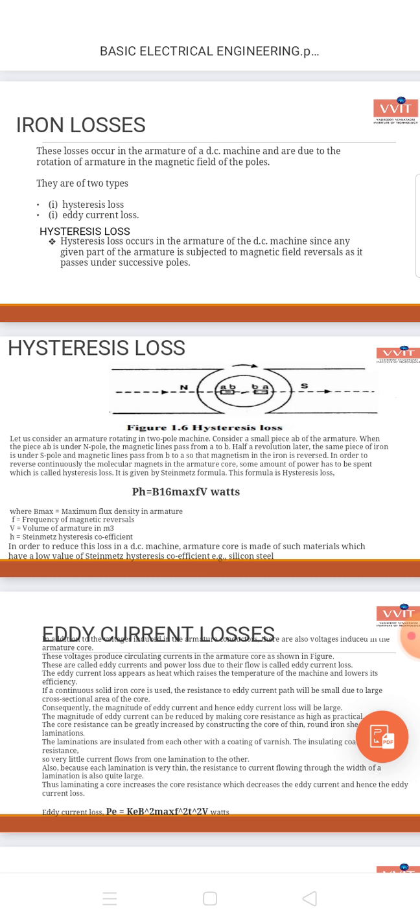Here, B_max is the maximum flux density in the armature, f is the frequency of magnetic reversals, V is the volume of the armature in m³, and η is the Steinmetz hysteresis coefficient. In order to reduce this loss in a DC machine, the armature core is made of materials which have a low value of Steinmetz hysteresis coefficient, for example, silicon steel.